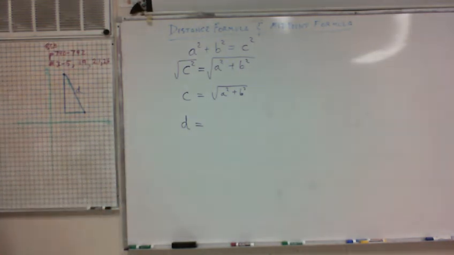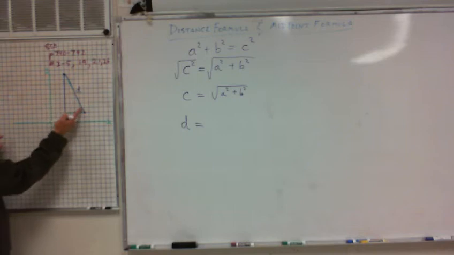But it's still the same thing, right? And would you agree with me that this is the hypotenuse? Yeah. And would you agree with me that that is definitely a right angle? Mm-hmm. It's got to be.